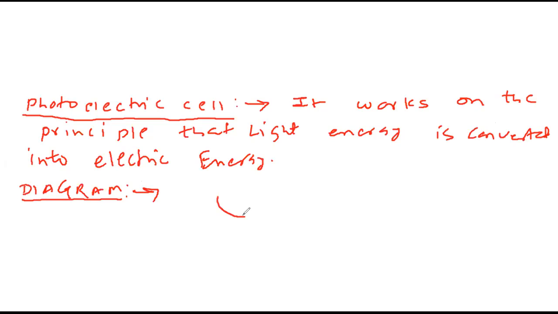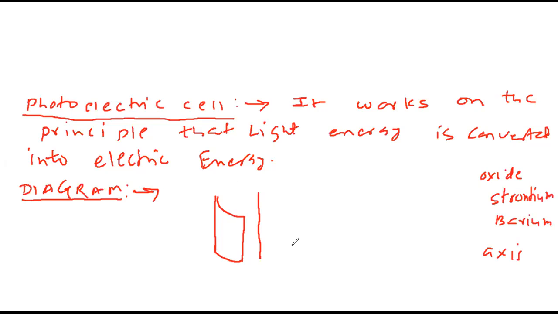It consists of a concave shaped cathode coated with oxides of strontium or barium to reduce the work function. A rod shaped anode or plate is kept along the axis of the concave shaped cathode.